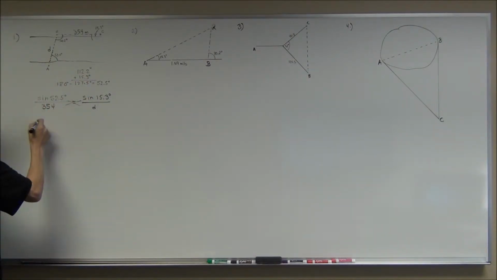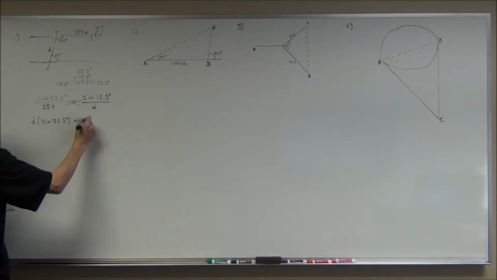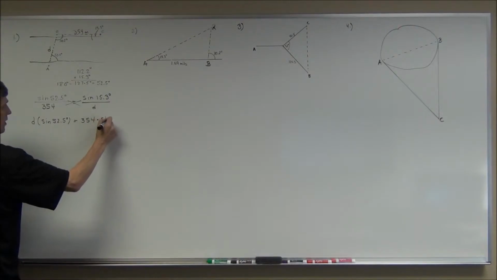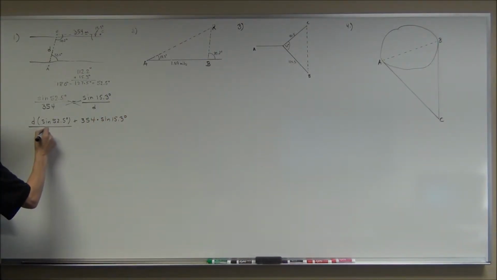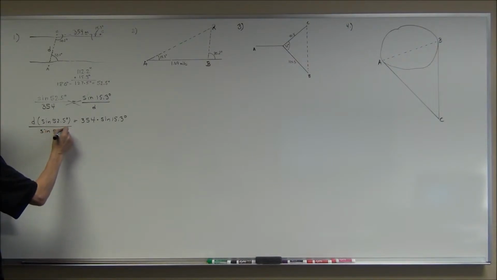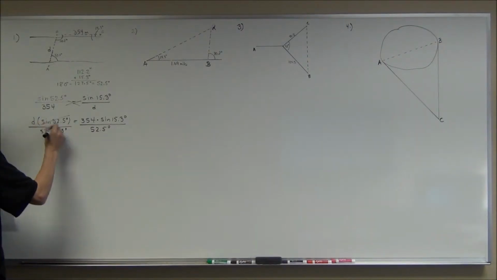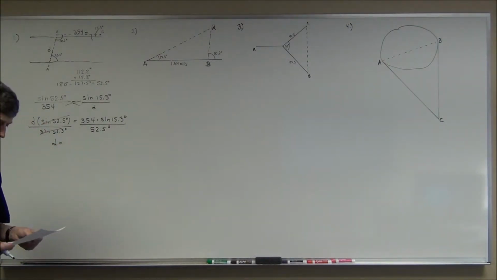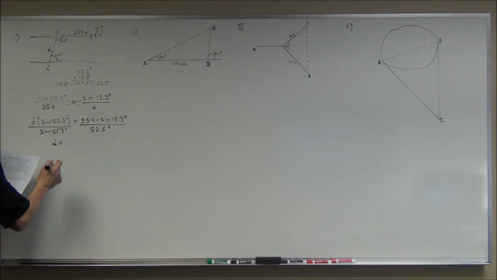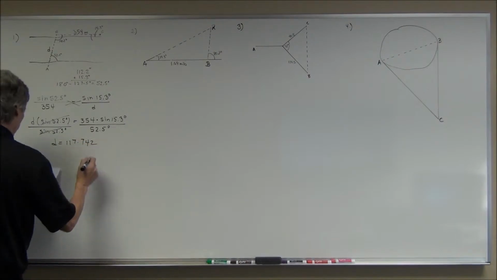I cross multiply. I get D times the sine of 52.5 degrees is equal to 354 times the sine of 15.3 degrees. So if I divide both sides by the sine of 52.5 degrees, I'm going to get D is equal to, now you definitely need your calculator. When I did this on my calculator, I got 117.742.